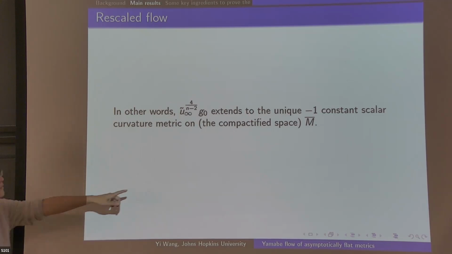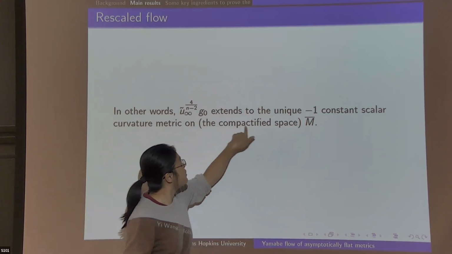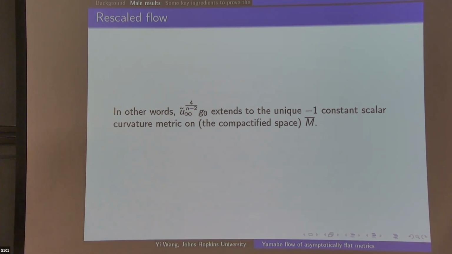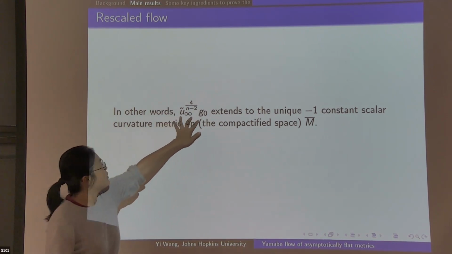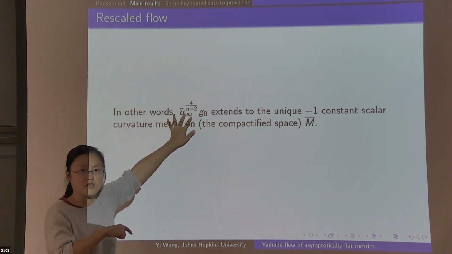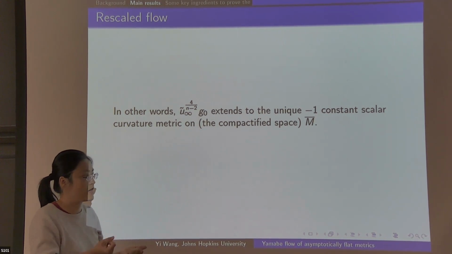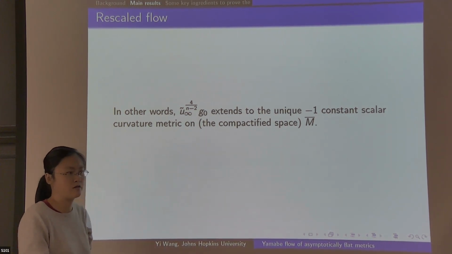And this M bar denotes the compactification of the manifold. So you just add 1 point. You use a certain stereographic projection. You cannot guarantee what the metric behavior there is at all. However, this thing that satisfies the previous equation tells me that after you compactify it, it has -1 scalar curvature.